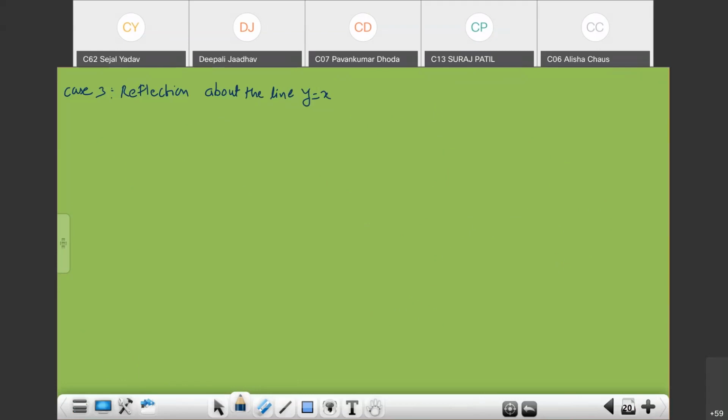How to write the transformation matrix for this? Diagonal points are 0, 0 and off diagonal points are 1, 1. Now multiply it with the coordinates of the triangle.